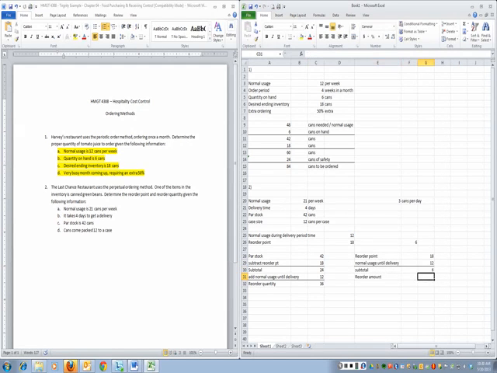Our reorder amount equals our 36, and what we would do then is take that subtotal and add it to our reorder amount. And we get 42. The way we can tell this is correct is if this number matches our par stock, which means after we get the order in, we should be back to our original amount that we are desiring at 42. So hopefully this will help you get through the homework assignment related to chapter number 4.